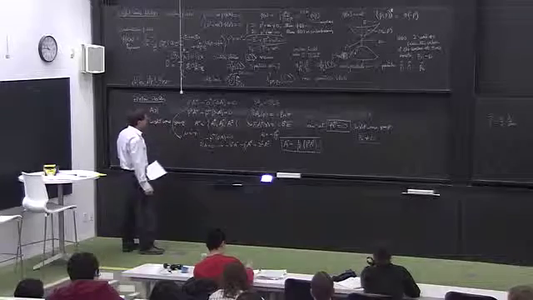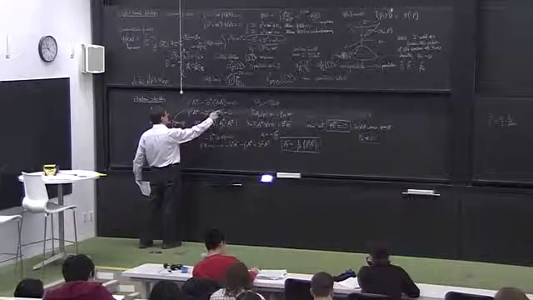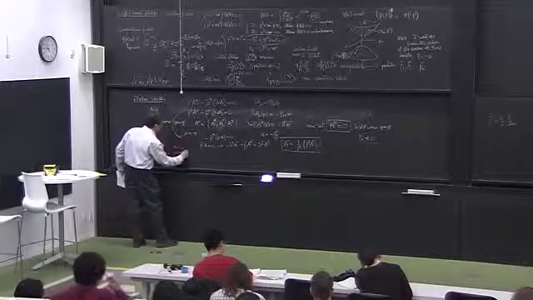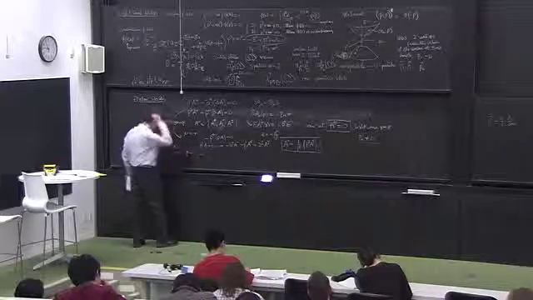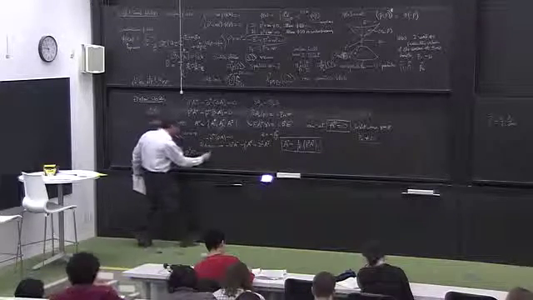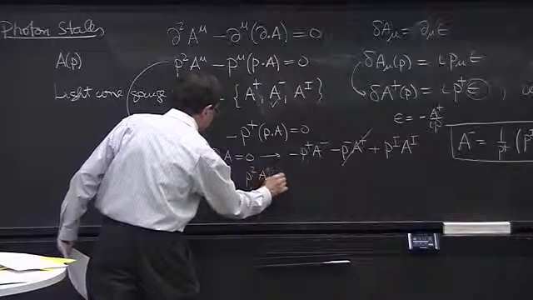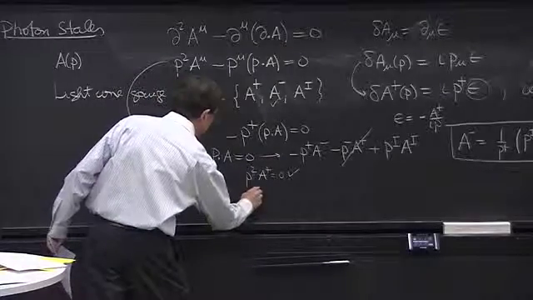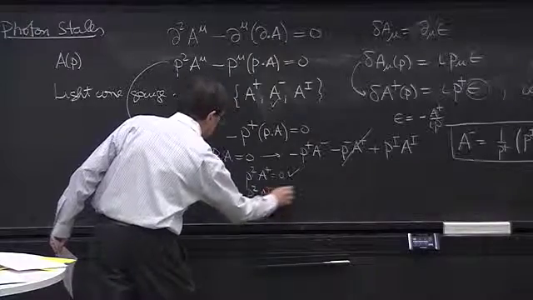So at this moment, we go back to the equation of motion again. We have P dot A equals 0. So the whole equation of motion has become P squared A mu equals 0, which says that P squared A plus is equal to 0, which we knew because A plus is equal to 0, and that P squared A i of P is equal to 0.